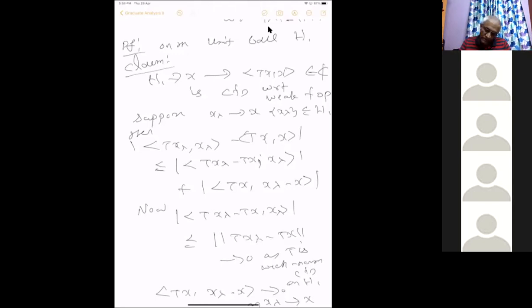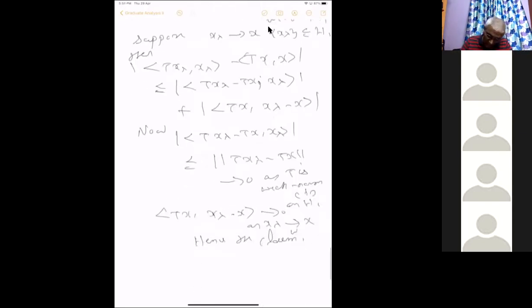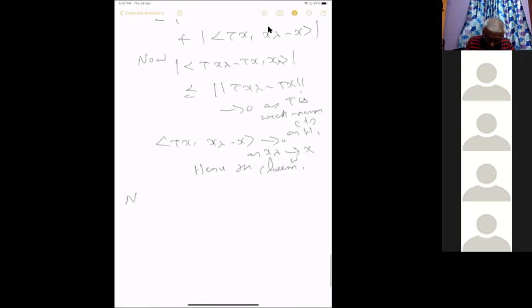So why do you want it? Now H1 is compact with respect to weak topology, and this function is weakly continuous.